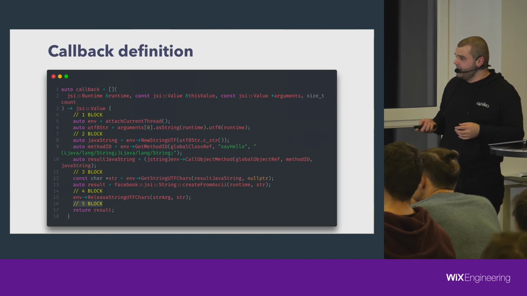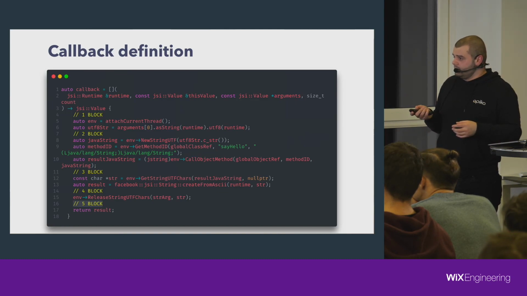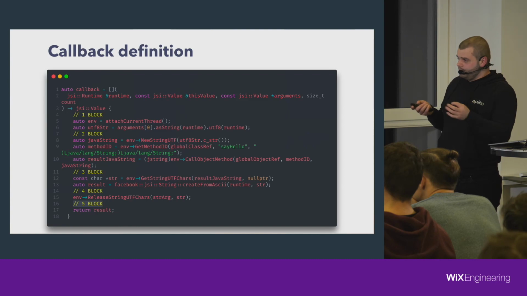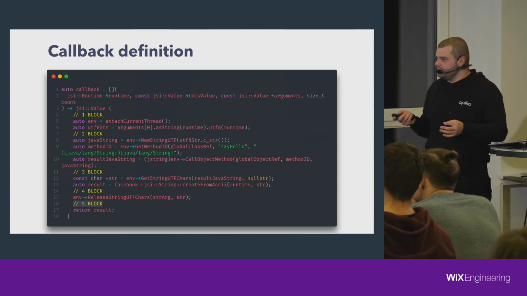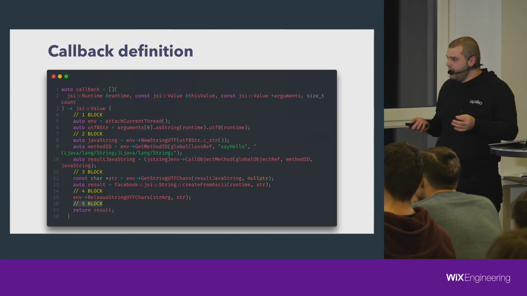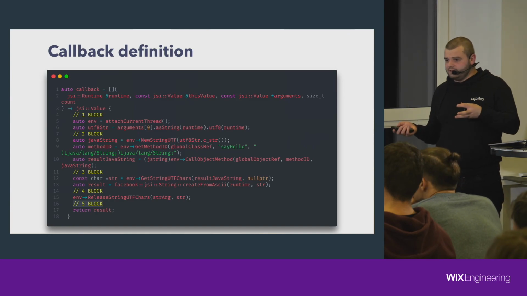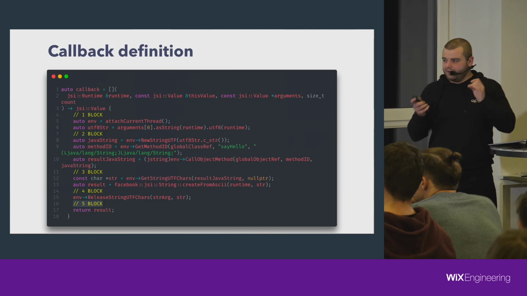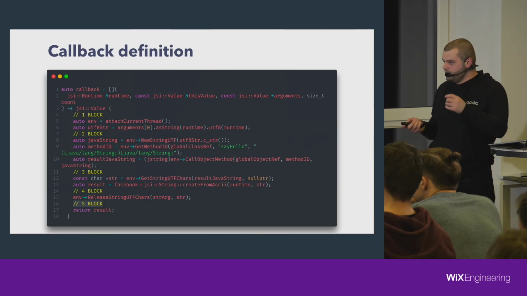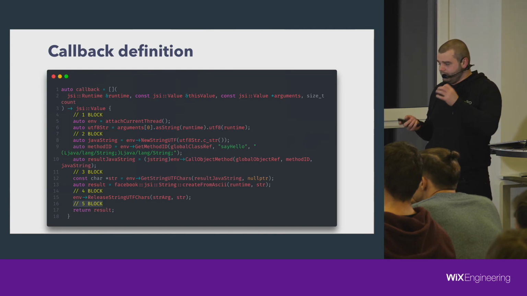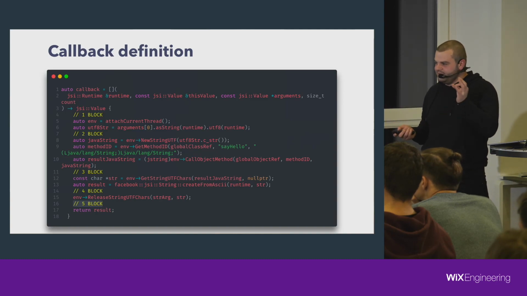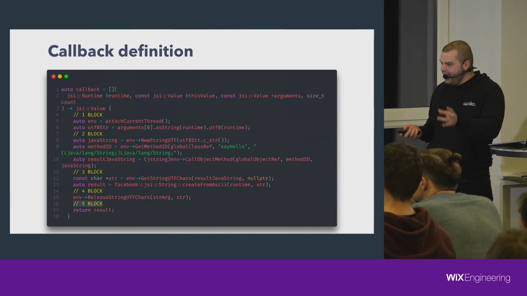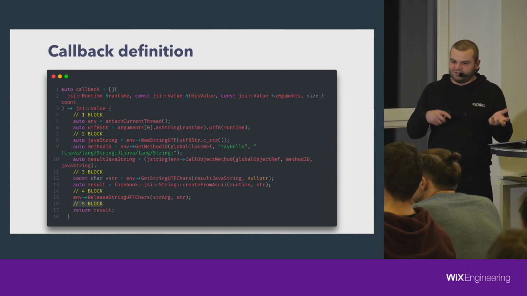But basically we use that argument we passed, the zero argument. Then we create Java strings from that argument. We invoke the Java object method, then convert from Java to C++, then create from C++ to JavaScript, and then return something back to JavaScript.